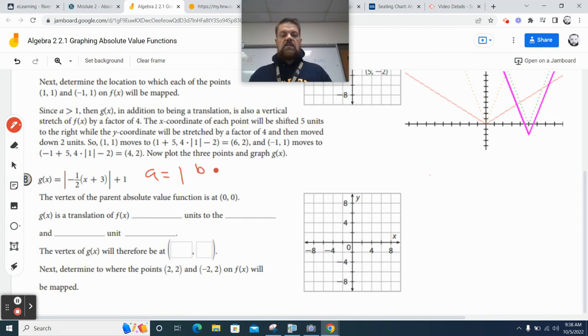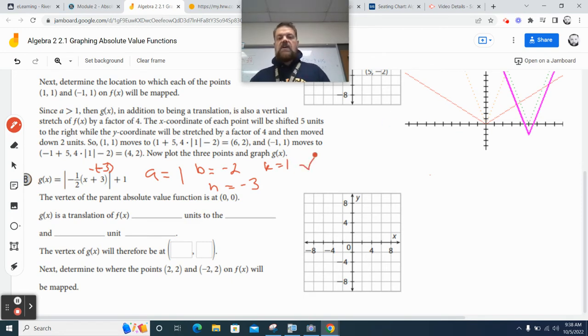B is equal to, I'm going to say, negative 2. We'll talk about that in a second. H is equal to negative 3 because it's the opposite. In order for me to have a positive 3, I have to have a negative 3, right? And then K is just equal to 1.